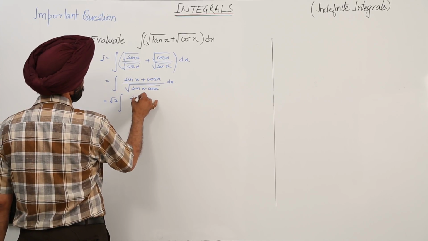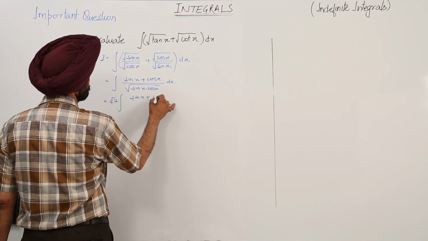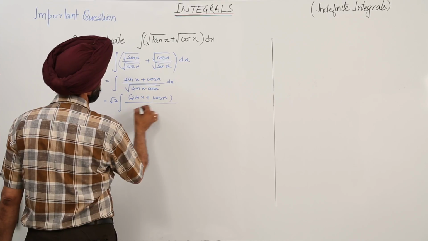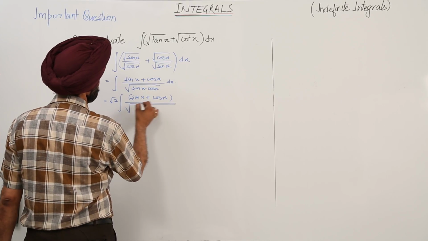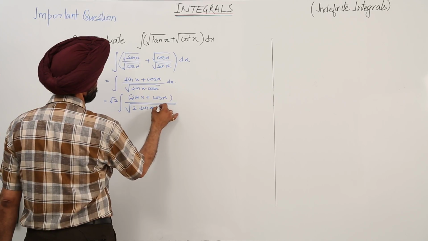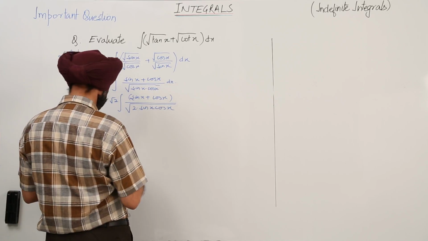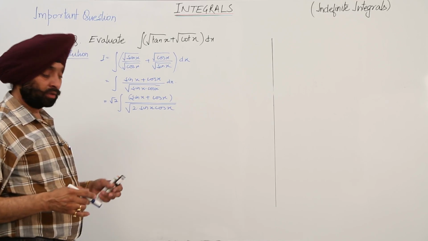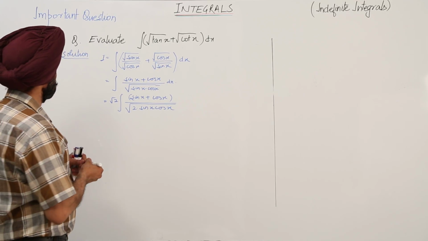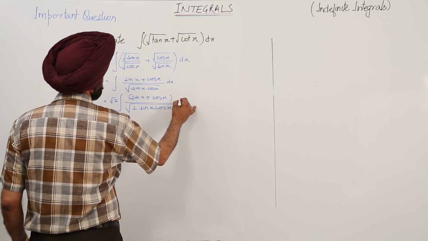Integration of (sin x plus cos x) upon the square root of 2 sin x cos x. Now here I am just playing a trick, so be careful what I am writing here. Sorry, it is dx.